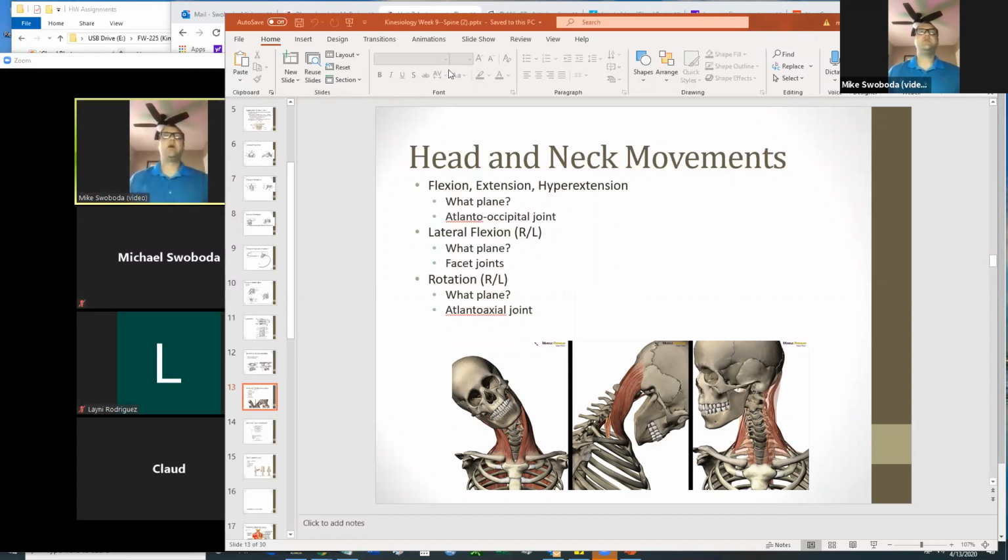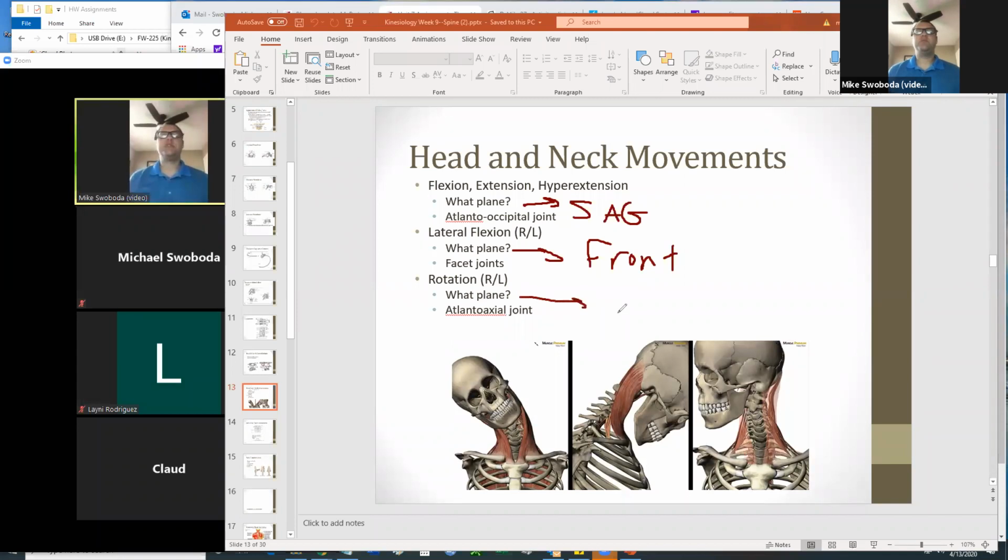That's always going to be in the sagittal plane. Your lateral flexion is your side bending, and that is always going to be your frontal plane. And rotational movement is going to be your transverse plane. So pretty simple there.